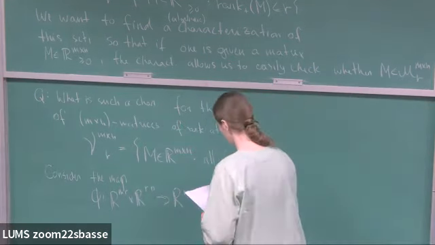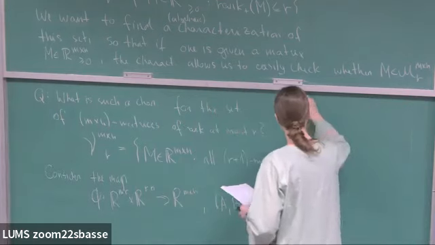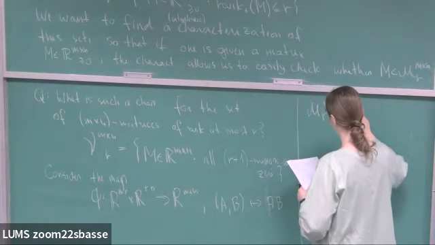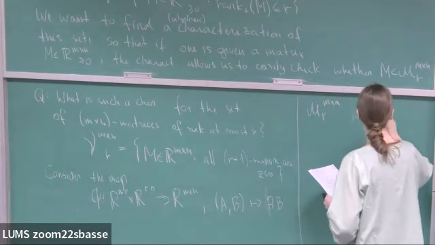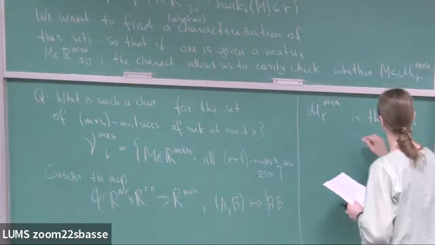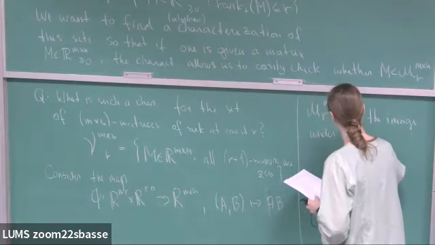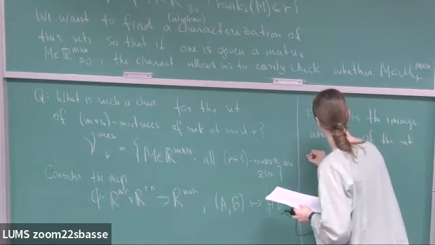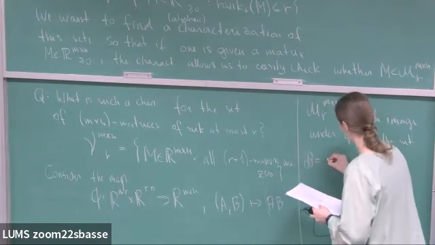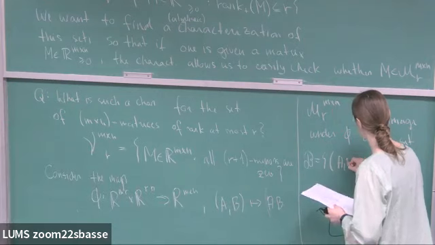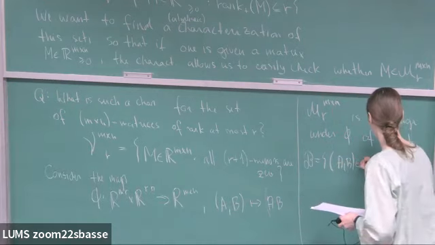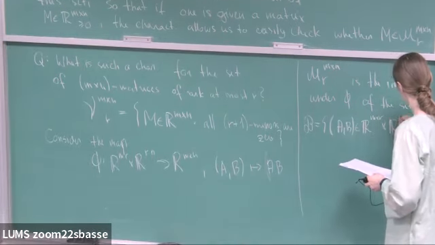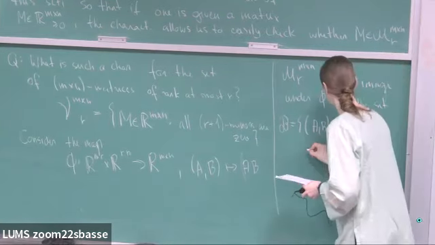So M_{m,n,r} is the image under phi of the set of matrix pairs A and B such that A and B are both non-negative.